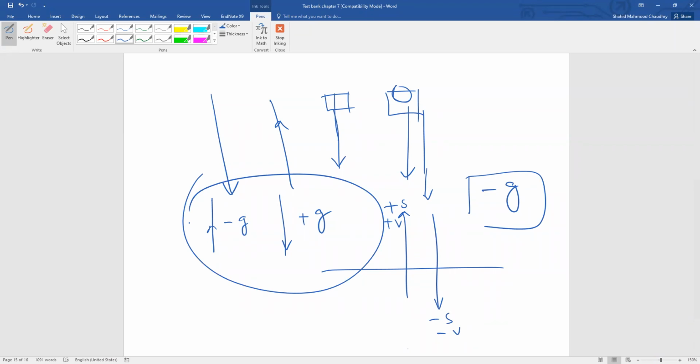But actually, the direction of g is downward. You don't say it is negative; you should say that the direction of g is downward. It is always downward. g itself is a positive quantity. But due to up and down, we take plus and minus.